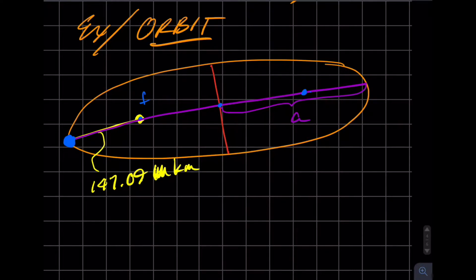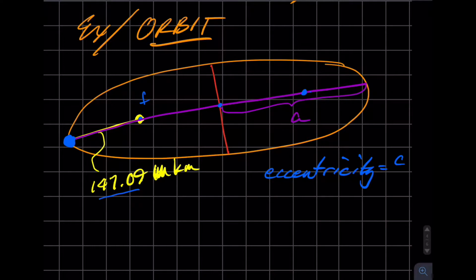Okay? So the question gives you this information, and that's all they give you. Oh, I'm sorry. They give you another value called the eccentricity, which is a measure of how not circular an ellipse is. Which means if the eccentricity is 0, we have a circle. And that's what helps me remember what eccentricity is equal to.